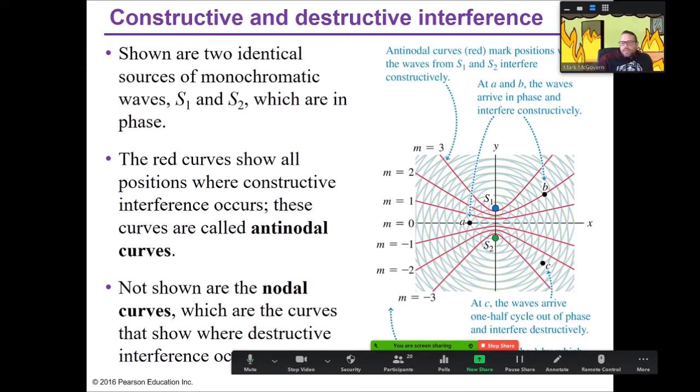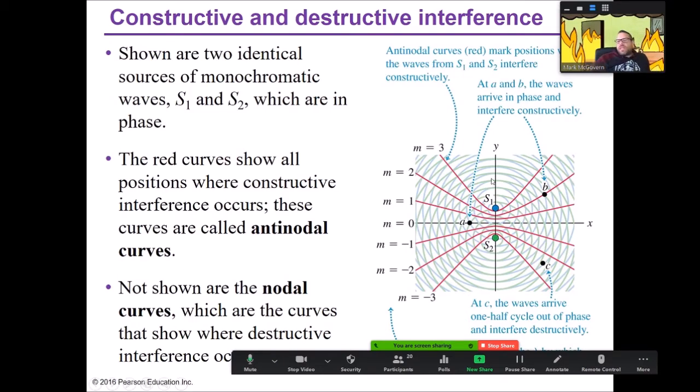So if you look at the m equals 0 mode, what that means is this. Everywhere along the x-axis, the distance between the two waves is the same. All the locations where there is constructive interference, it's because the path lengths are completely identical.